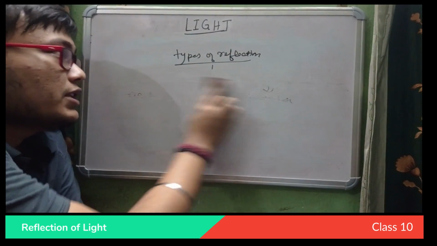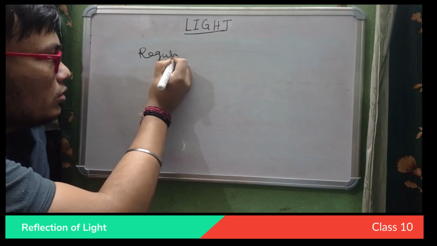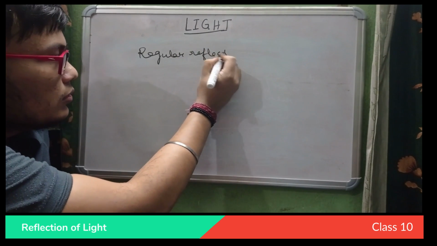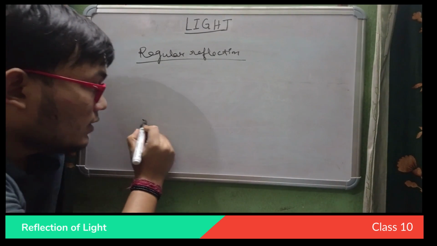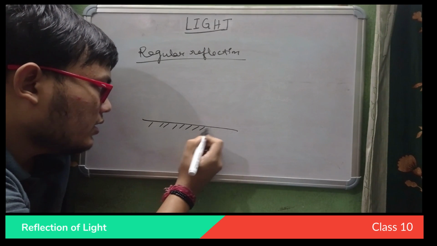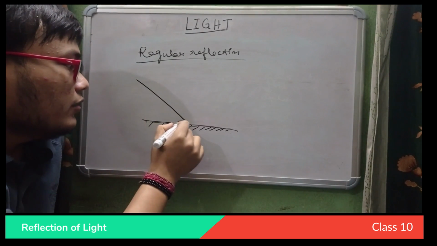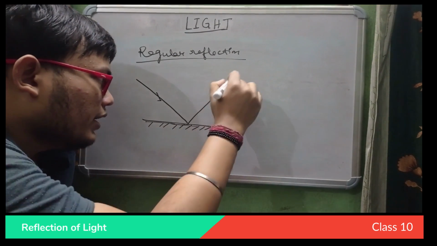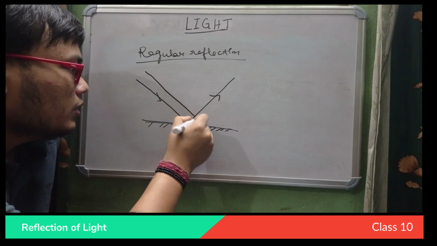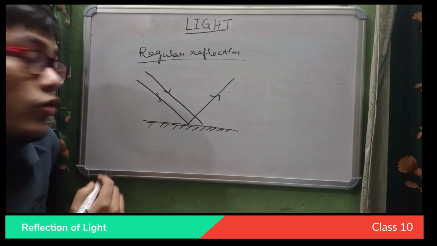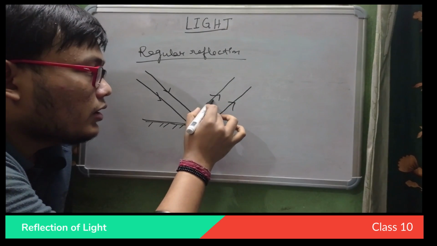If we go back to the previous scenario, this is a plane and polished surface, and this surface is quite even and polished, and a light ray falls on it and it gets reflected. If another parallel ray falls on it, these two light rays are parallel, so the reflected ray will also be parallel to the reflected ray of the other one.